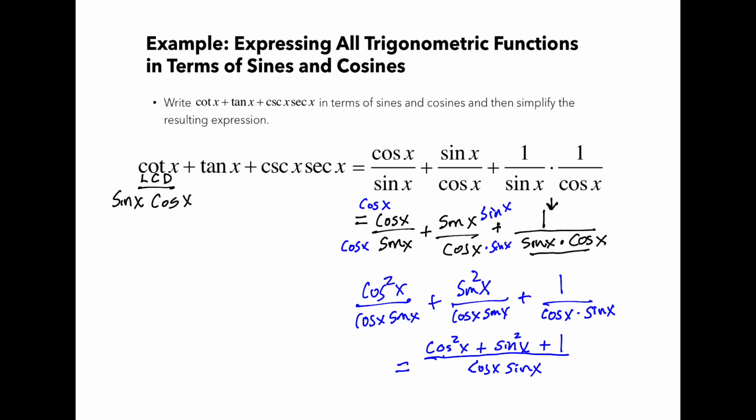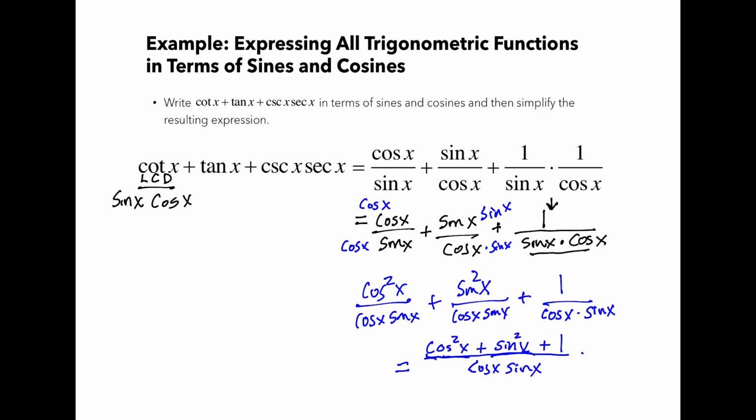Now that I have this here, I want to look for ways that I can continue to simplify or rewrite it, because it doesn't look like we've necessarily simplified this very much. And here we do notice something. Remember that the Pythagorean theorem said that cosine squared x plus sine squared x results in a 1.